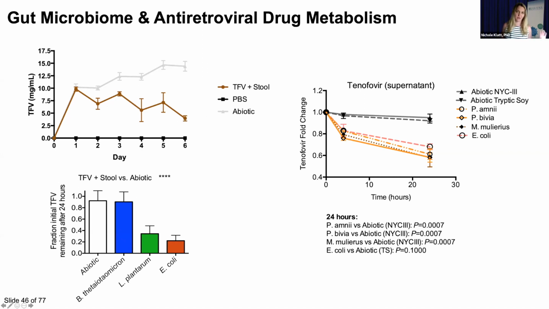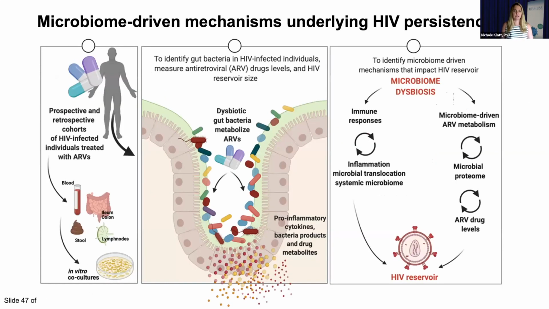And again, we are moving on to newer generation drugs we have underway in the lab that are not tenofovir, but that are more widely used. But we do know that tenofovir can be metabolized by a multitude of different bugs in the gut, shown here and over here. So this is something that could really affect oral PrEP and could affect HIV infection and pathogenesis. We're working hard in the lab to understand this.